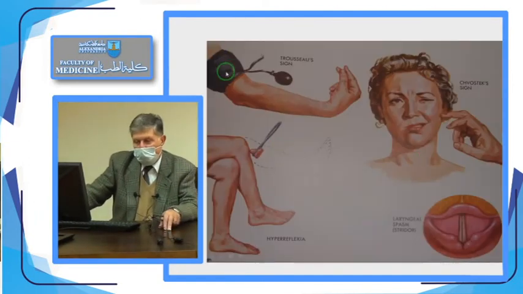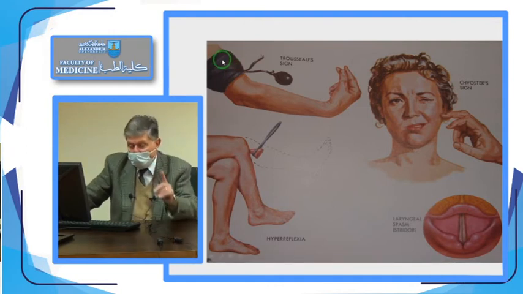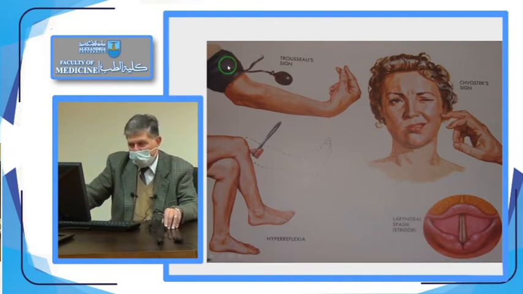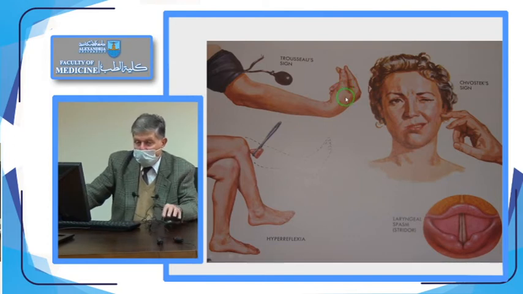You bring the sphygmomanometer, you inflate it above the systolic for a few minutes, and you can get the typical tetany in the hand. And sometimes you get also a pedal spasm. You can get pedal spasm, not by the Trousseau, but pedal spasm due to hypocalcemia.